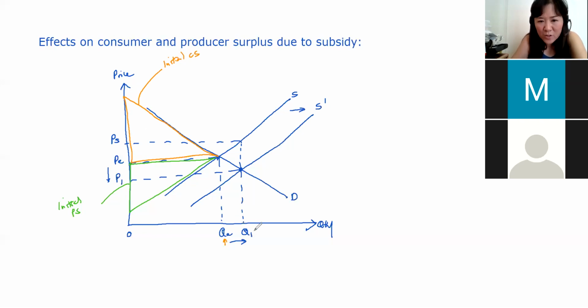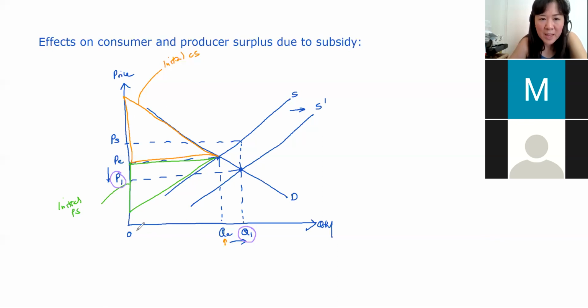But because now the quantity transacted has increased to Q1, and the goods are being transacted at the lower price P1, we do the same analysis to derive the consumer surplus. At this quantity, what the consumers are willing and able to pay is the area under the demand curve at Q1. So it's this whole big trapezium. Less what they actually pay, which is P1 times Q1, this rectangle.